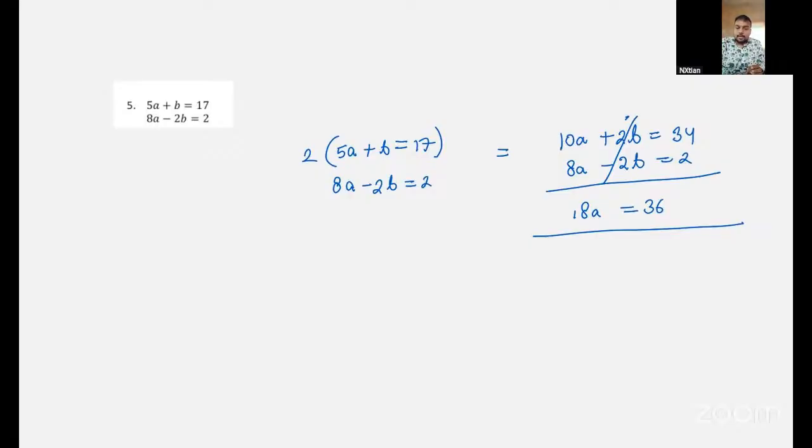Correct. But the thing is, David, in that equation the signs of the eliminated variable were the same. That is why we were changing the sign, like minus becoming plus and plus becoming minus. But in this question the signs are already different, plus and minus are already there automatically. So we don't have to change the signs. No, we don't have to do that.